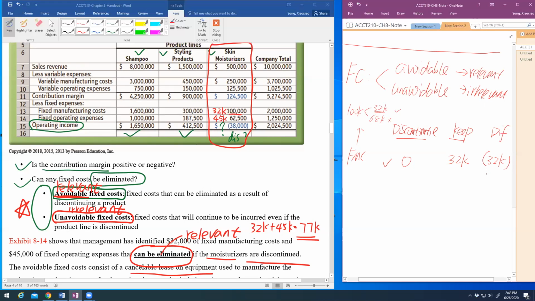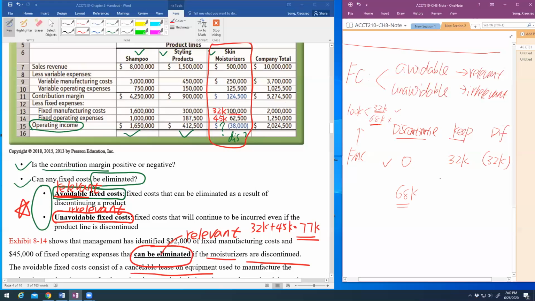But for the other 68,000, like the insurance, if you do not keep that product, you still need to pay 68,000 for the insurance of the whole company. The company insurance is not affected by just this one single product. So if you discontinue, you still need to pay 68,000.